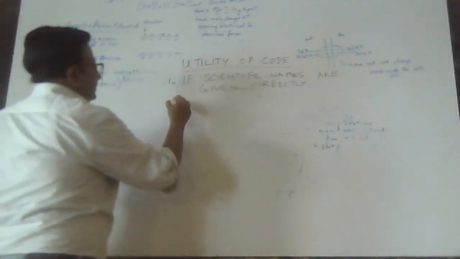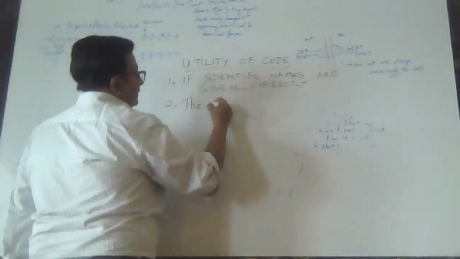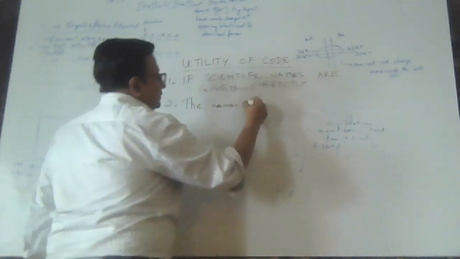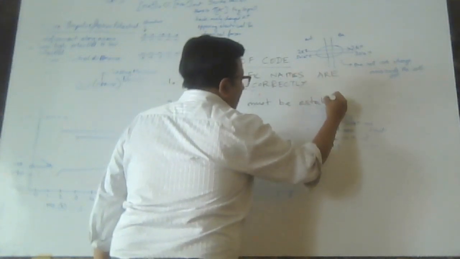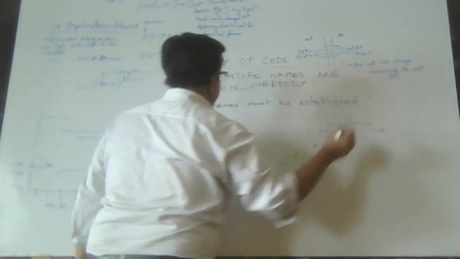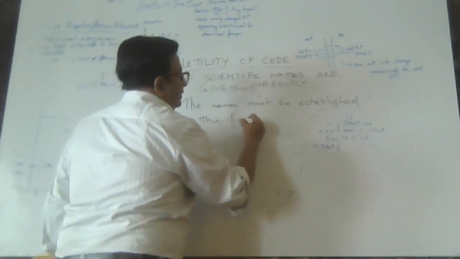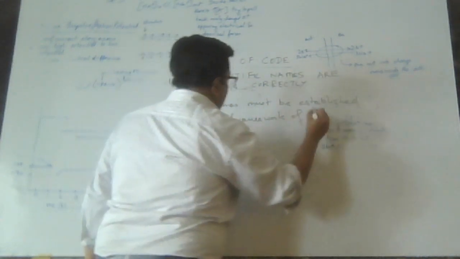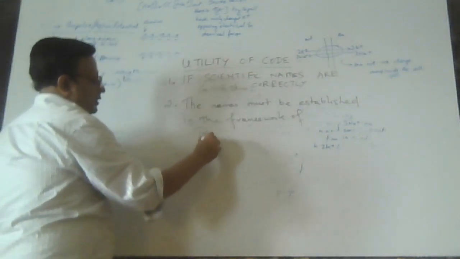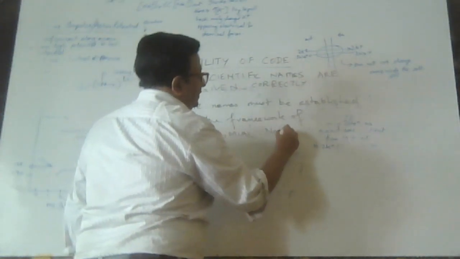Second part is the names must be established in the framework of binomial nomenclature.